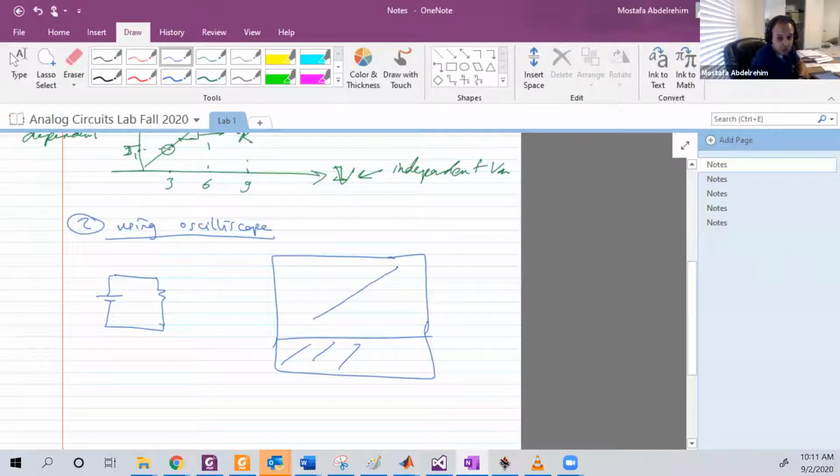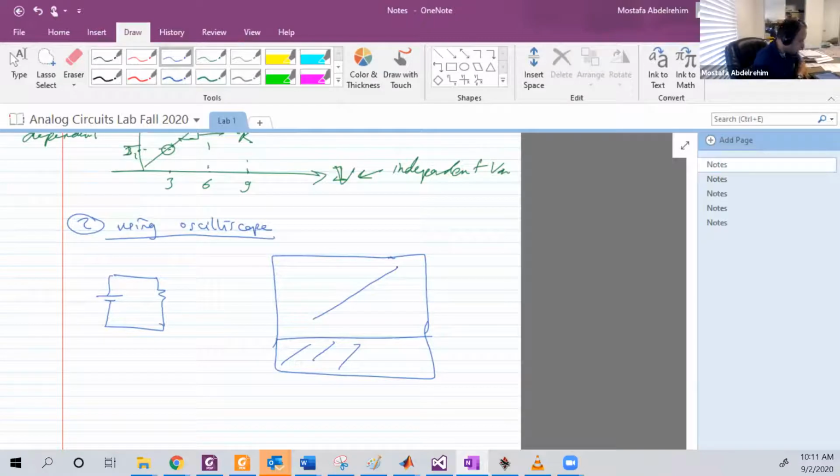This diode is a device, and we're going to measure its characteristics using the oscilloscope, because it's much more convenient and much more precise, to avoid any handcrafting errors in drawing the curves yourself.